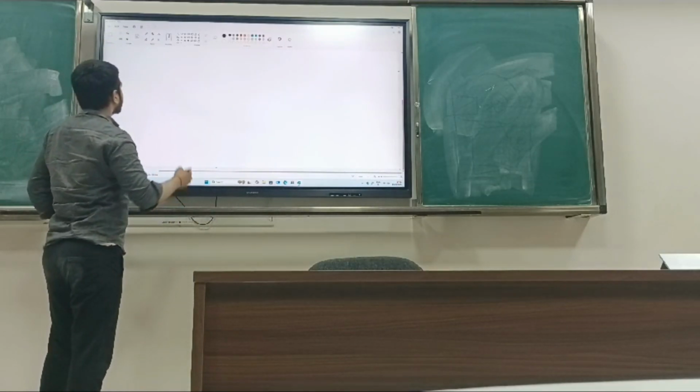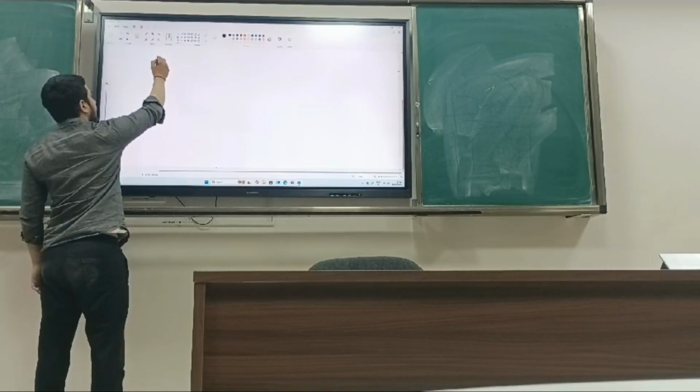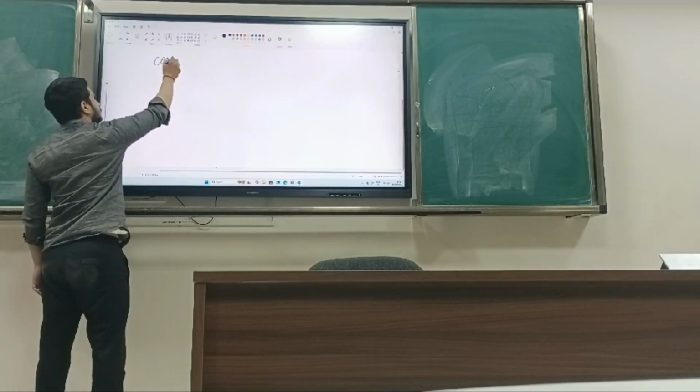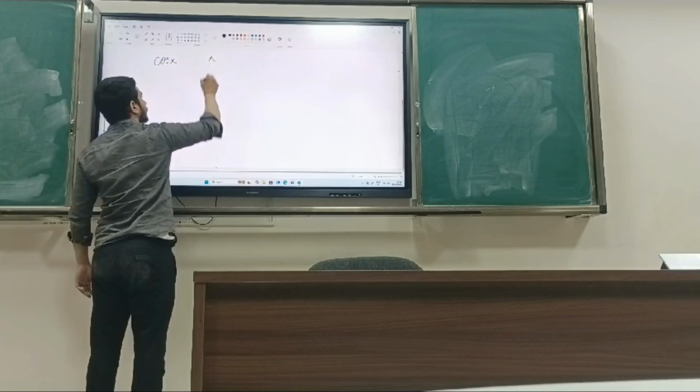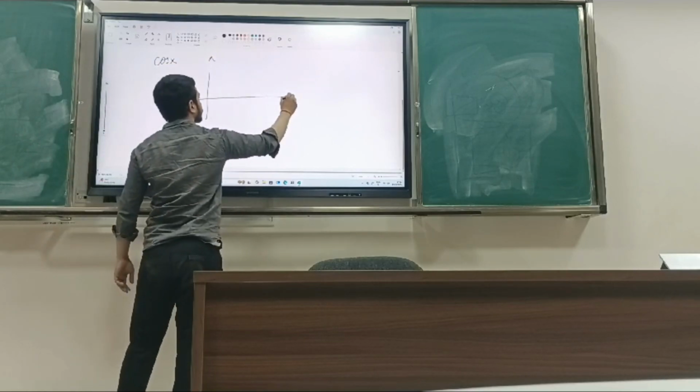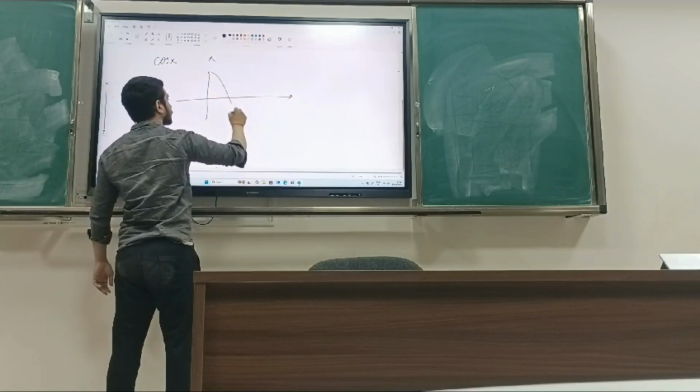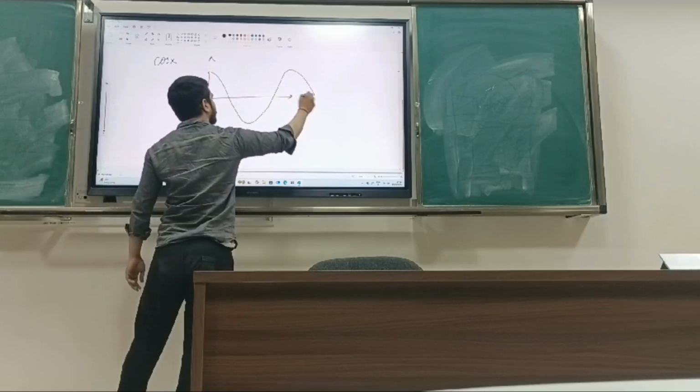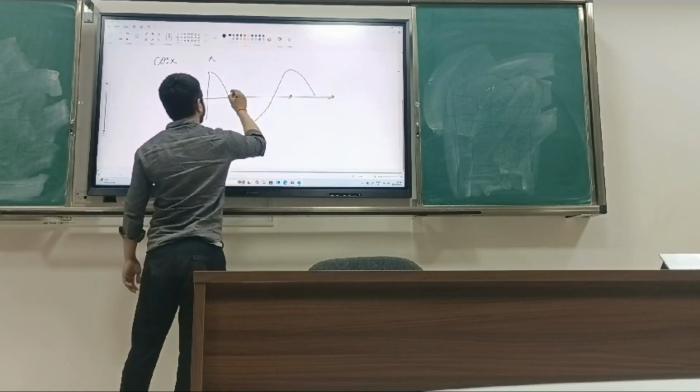Okay, so what is the graph of cos x? The graph of cos x is like this. At 0 it is maximum, and at 90 it is 0.